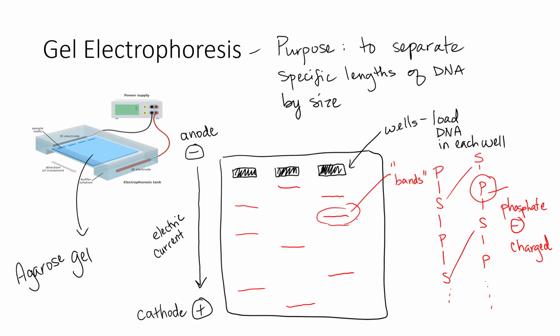And the bands represent segments of DNA, like for example, maybe segments from the STR loci that you just amplified by PCR. And it makes it so that we can actually see the fragments show up, okay?